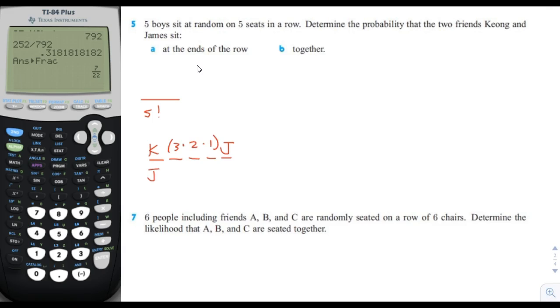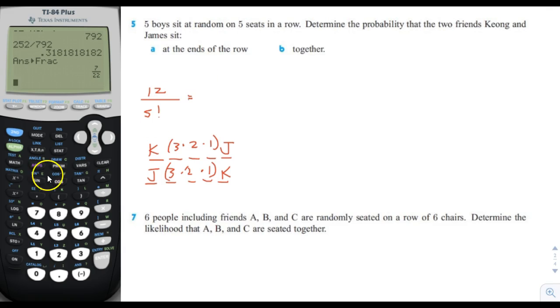And then there's also the opposite case where you have James and Keong sitting in the opposite chairs, and that would also be 3 times 2 times 1. So that would be 6 times 2, right? Because 3 times 2 times 1 is 6, and we have 2 ways of doing that. So that would be 12 in the numerator.